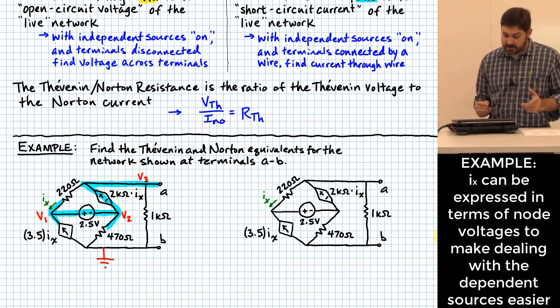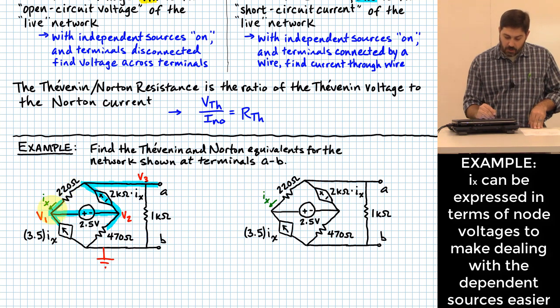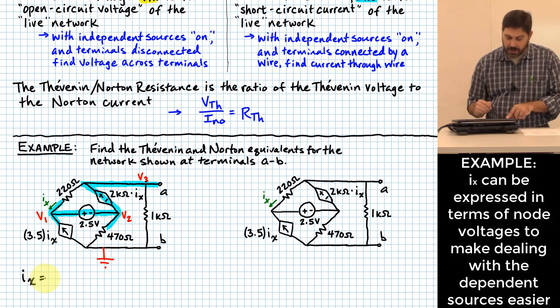The answer is yes, because I've identified a voltage across the 220 ohm resistor in terms of V3 and V1, and I know that resistance value of 220. That means that Ix is going to be what?